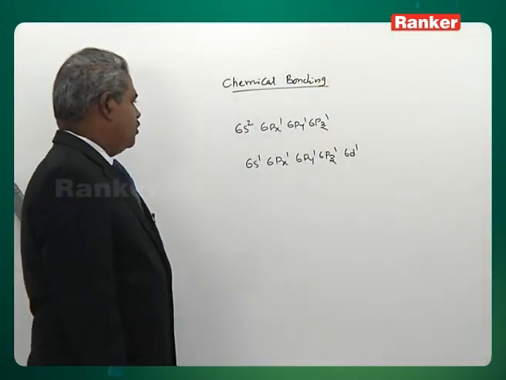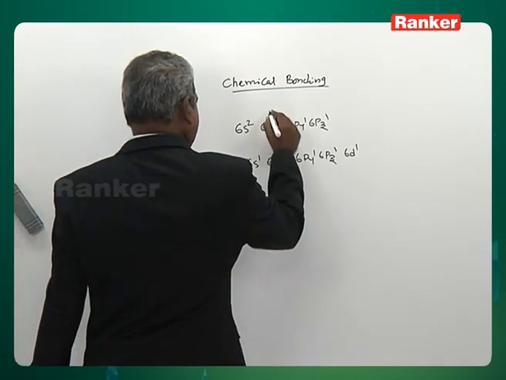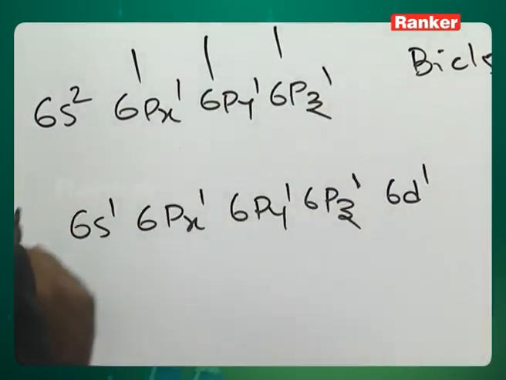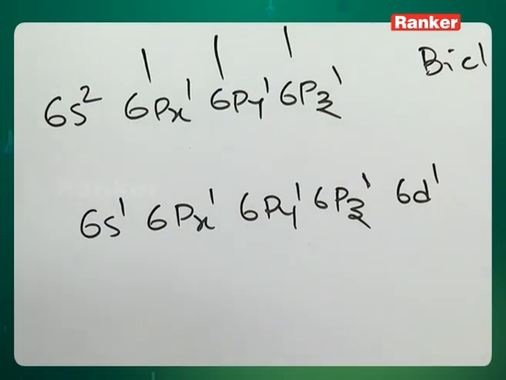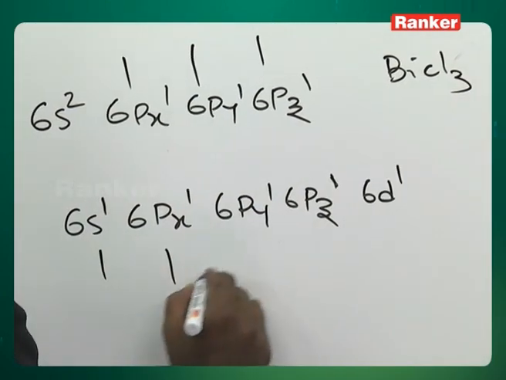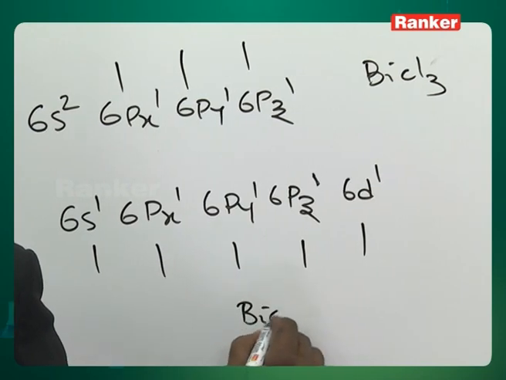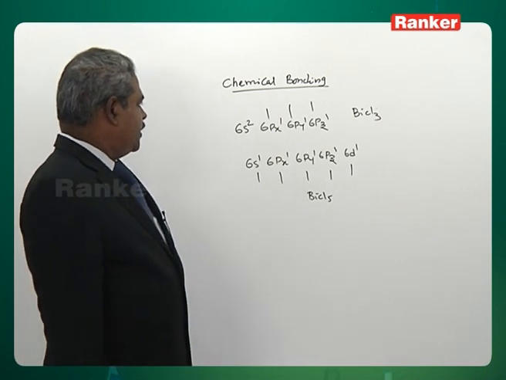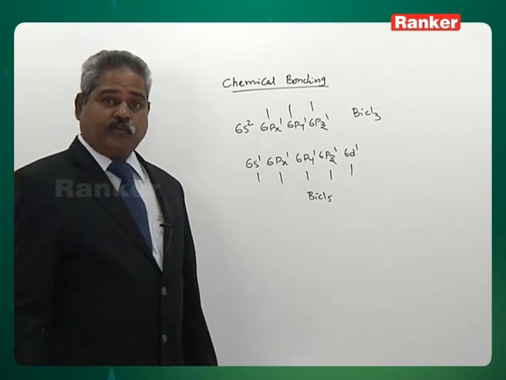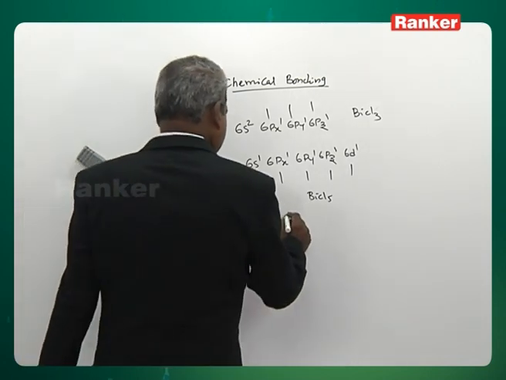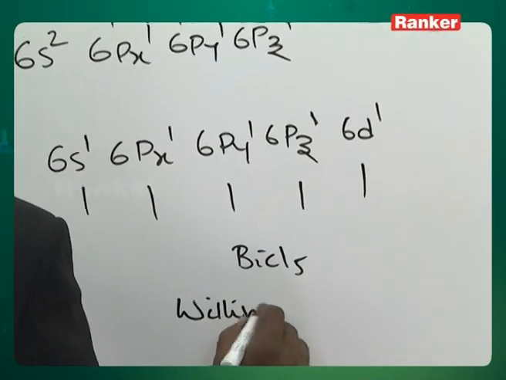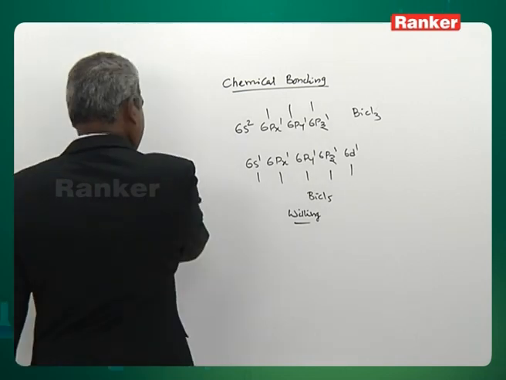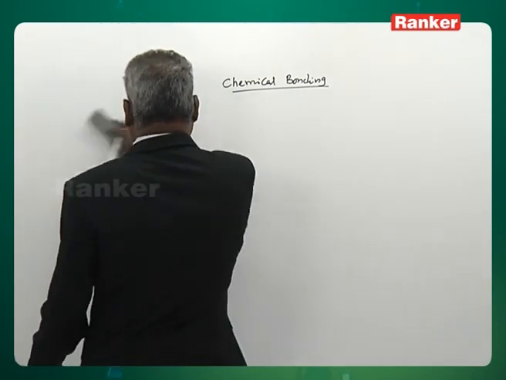So bismuth in its ground state can form BiCl3, forming 3 bonds with chlorine, and BiCl5, 1, 2, 3, 4, 5, 5 bonds. It can form 3 bonds by sharing and it can also form 5 bonds by sharing, but bismuth is not willing to form 5 bonds. Why? I tell you a little later, but as of now, you just take this statement.